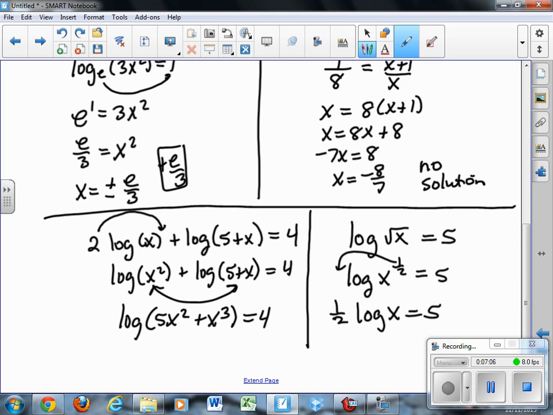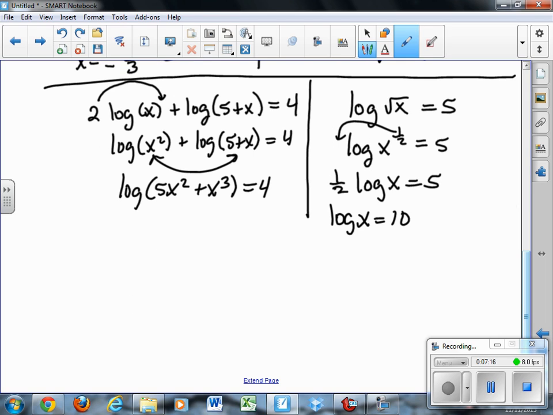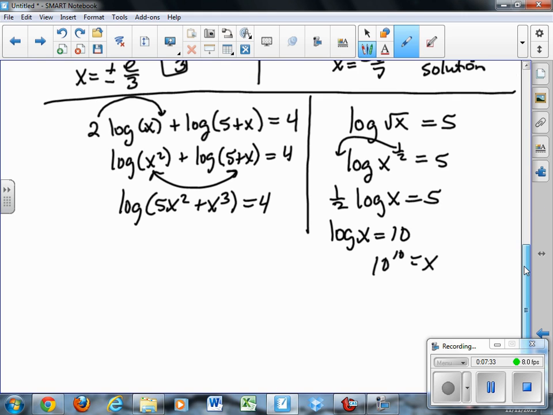So then I can multiply both sides by 2 and say log x equals 10. Well, I'm saying then 10 to the 10th equals x. Ooh, that's a big number. So 2 times 5, yeah, it looks like that's all good. 10 to the 10th power equals x. So just some other examples of different things that you might encounter when running into log problems.